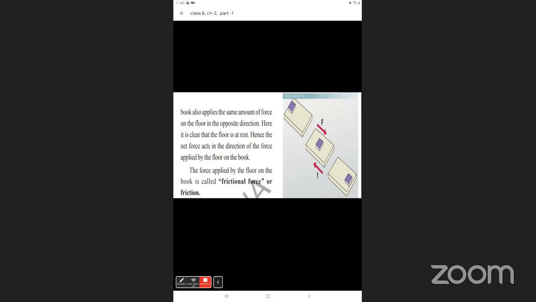Now, look at this lab activity. The aim of this lab activity is understanding the nature of friction and the concept of static friction.